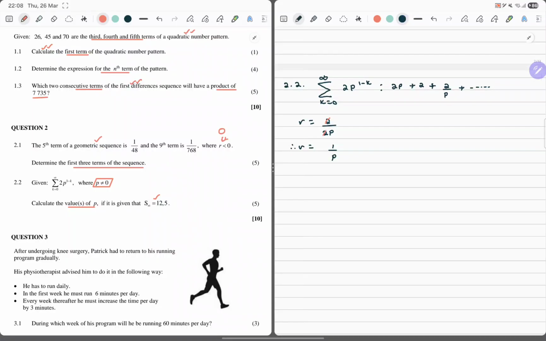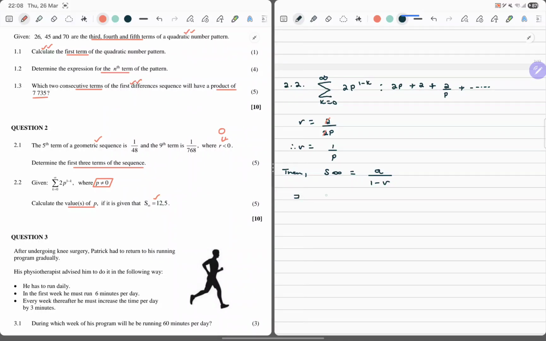Now, we want to find the values of p. We know that the sum to infinity is a over 1 minus r.